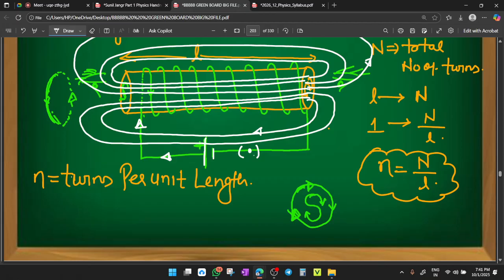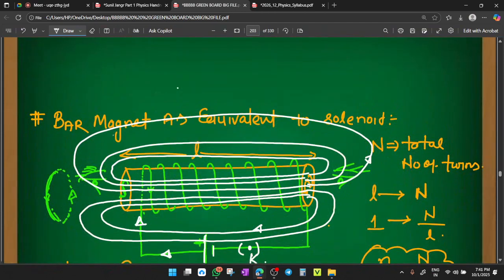As you switch off the circuit, switch off the key, then the current will be zero. Okay. And this magnetism is gone. No flux is there. No magnetic field will be there. It means this is an electrical-based magnet. That's why solenoid is also called electromagnet.